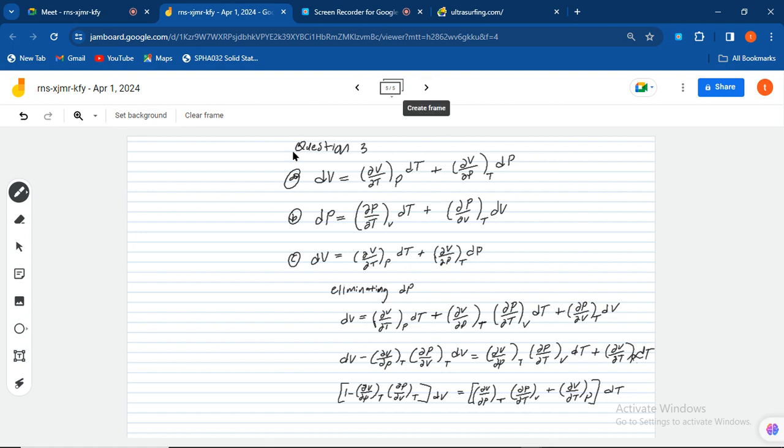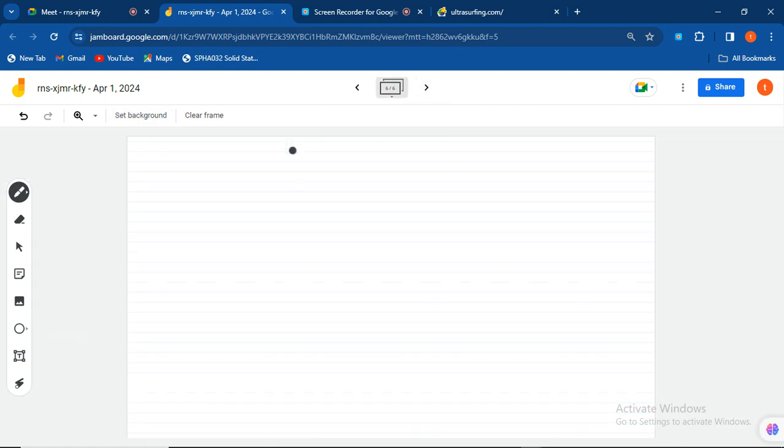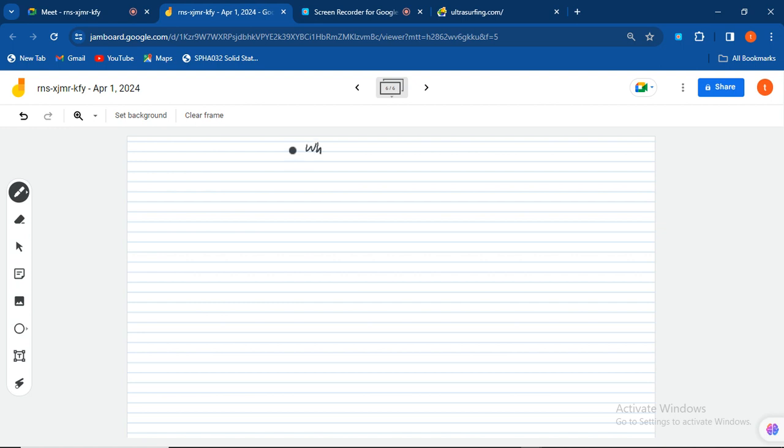And now, when dT equals 0 and dV is not equal to 0, 1 minus ∂V/∂P at constant T, times ∂P/∂V at constant T, equals 0.